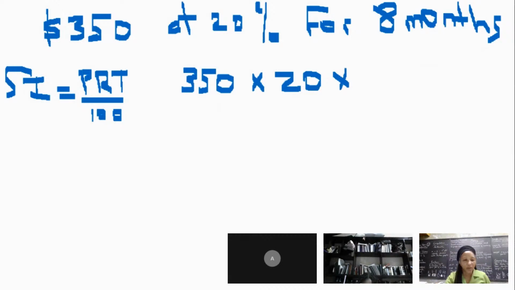Where did the 0.25 come from? I think 8 months to years. So 8 over 12. 8 over 12 is what? A quarter. So 8 over 12 is not a quarter.